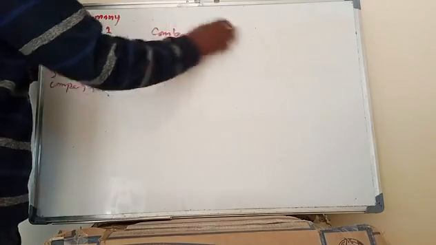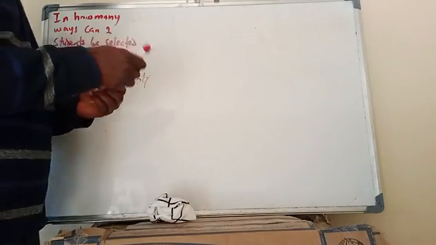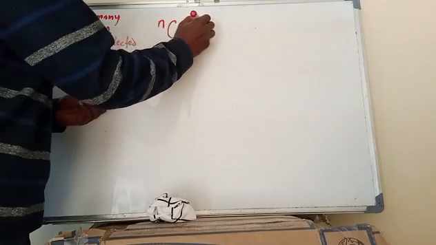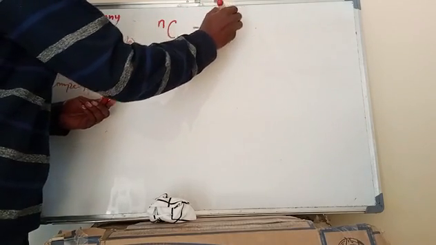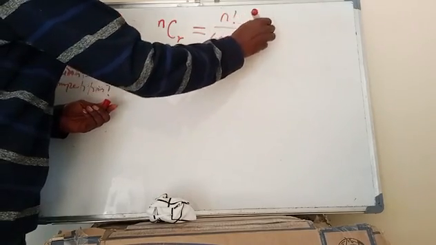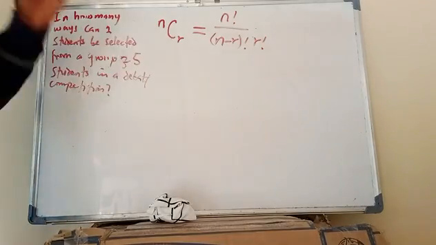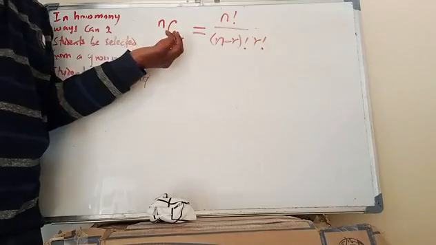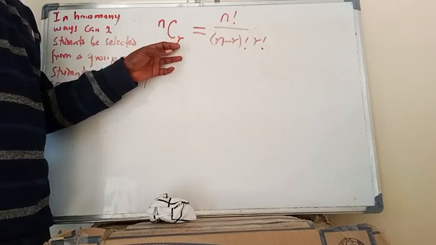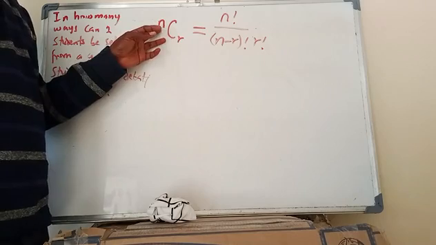In combination, we have a formula written as n combination r, which is evaluated by taking n factorial over n minus r factorial, then r factorial. This is the formula for combination. It represents selection of r items from a group of n.